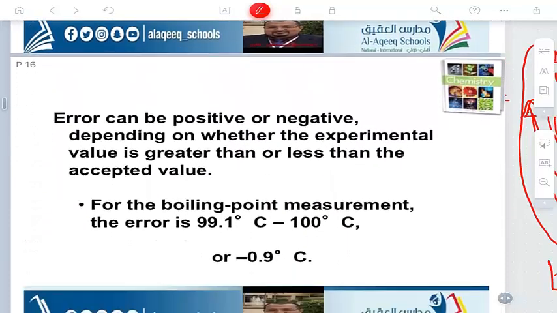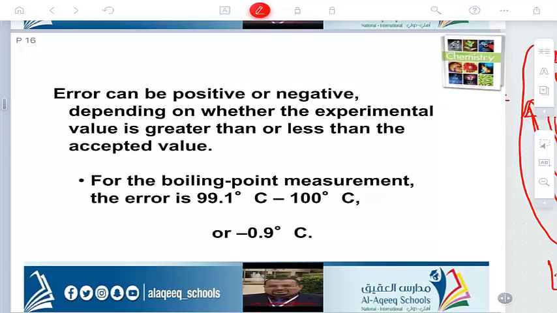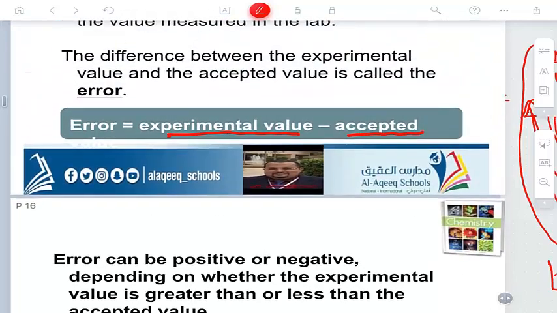Let's try this example here. Look, we have the true value, which is 100, and we have 99.1, which is the measured one. 99.1 minus 100 gives you negative 0.9 degrees Celsius, because we make the subtraction between the experimental one and the accepted one.